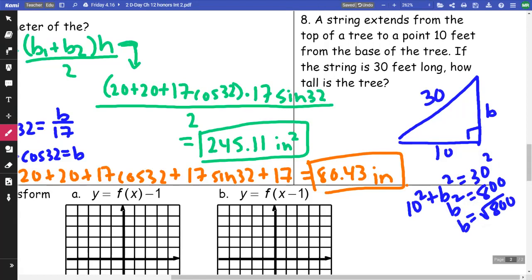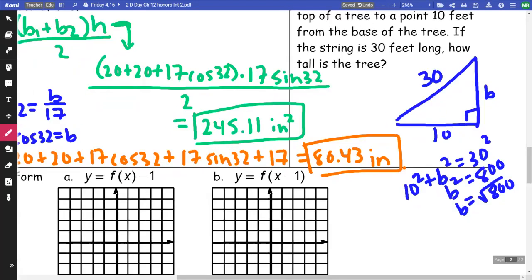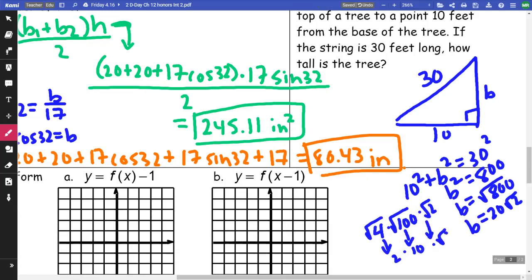The square root of 800 isn't a nice number, but in 800 we have a 400. So that is going to be 20 root 2 when I simplify that, because the square root of 400 is 20, and that's your root 2.